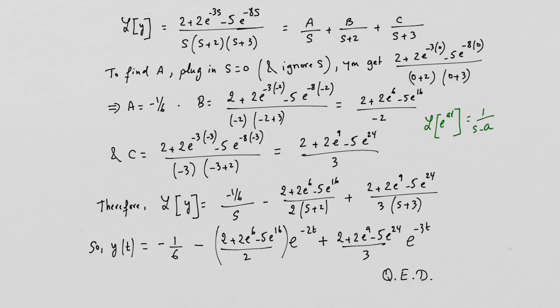So in this case, a is negative 2. So that's why I got e to the negative 2t. And the last one, of course, this constant here times inverse Laplace of 1 over s plus 3, which is, by this rule, e to the negative 3t, and the constant remains. And that should end the story.